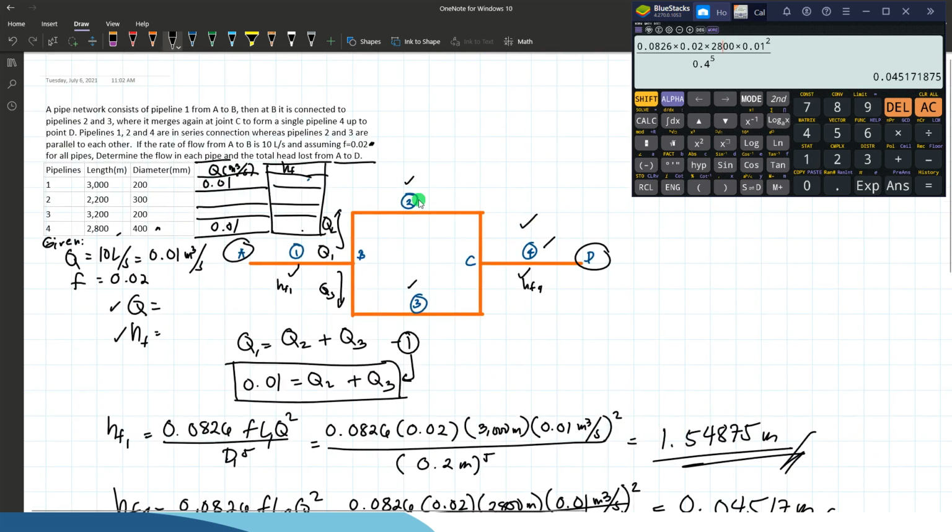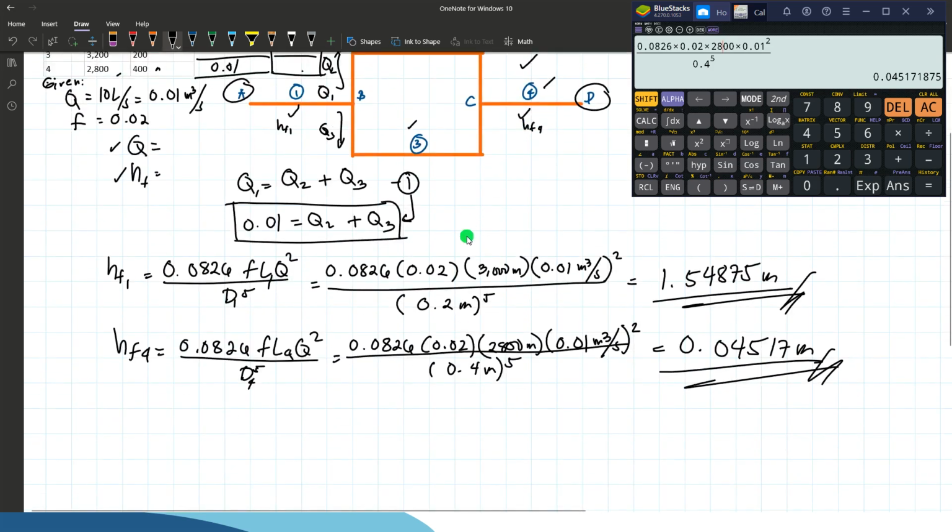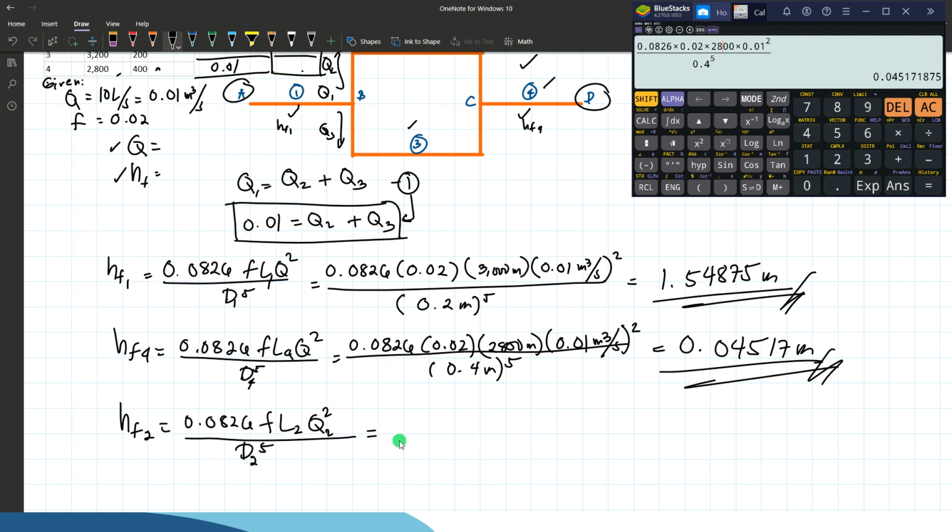Let's say we solve the head losses at pipe number 2 and pipe number 3 using the same formula. HF of 2 equals 0.0826 F L of pipe number 2, Q2 squared, and diameter for pipe number 2 raised to 5.